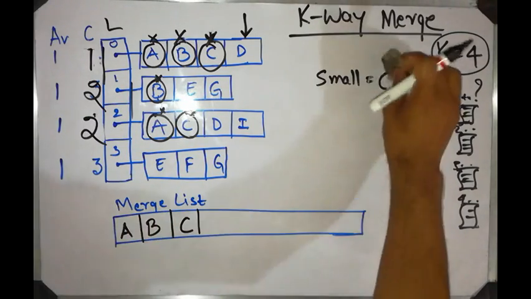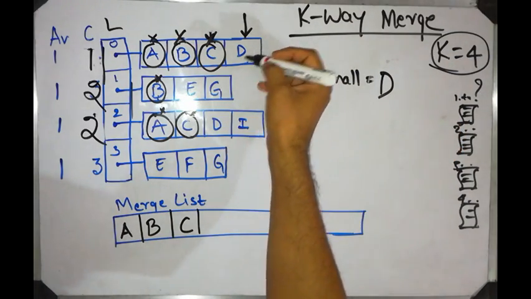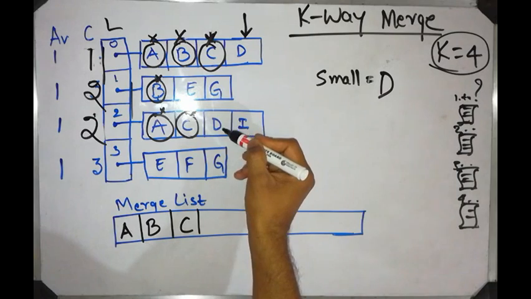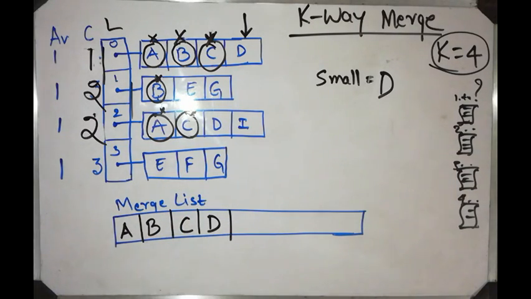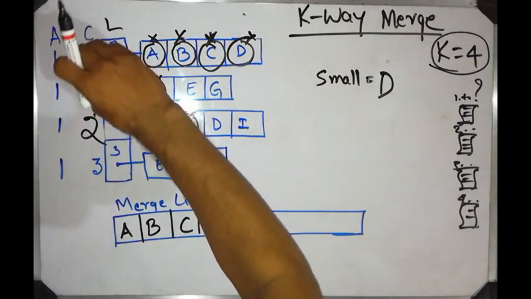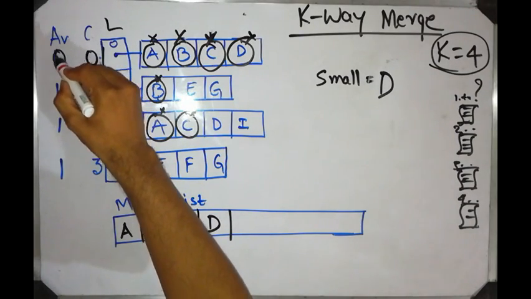So in the next iteration I'm going to start off again with D. D is my smallest element, E. So we know that D is the smallest element, and now in the first list you observe that all the elements are processed. So the count is 0 and available becomes 0.